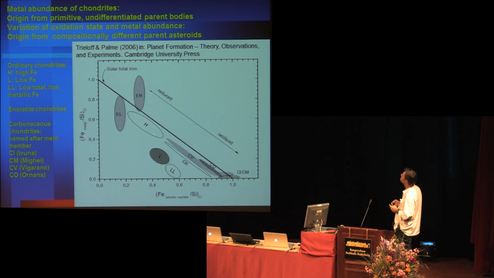The H group has a high iron content, the L group a low total iron content, and the LL group a low total and a low metallic iron content. E-type chondrites have a rather high iron content, but it's completely reduced. It's only present in metallic and sulfide form. Carbonaceous chondrites are generally more oxidized.